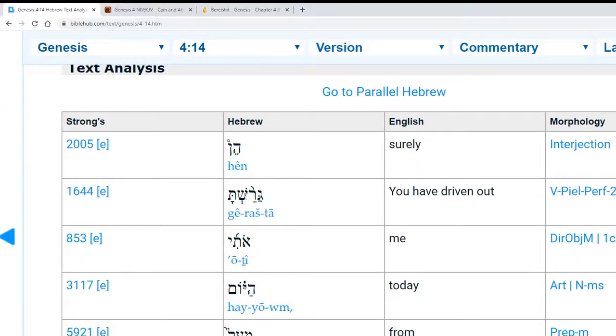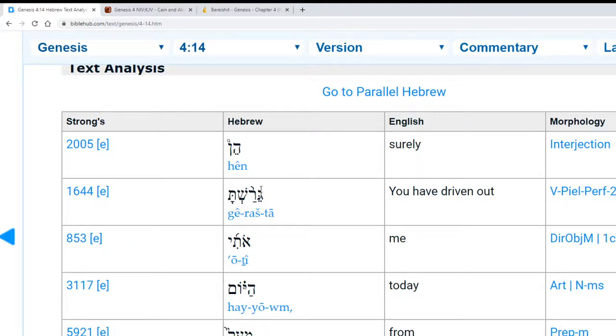Gerashti. Now you'll notice that this is the same Gimel Resh Shin. I said previously that refers also to divorce, Gerushin, right? This is the same verb that God used when we were talking about Adam being driven out of the Garden of Eden.